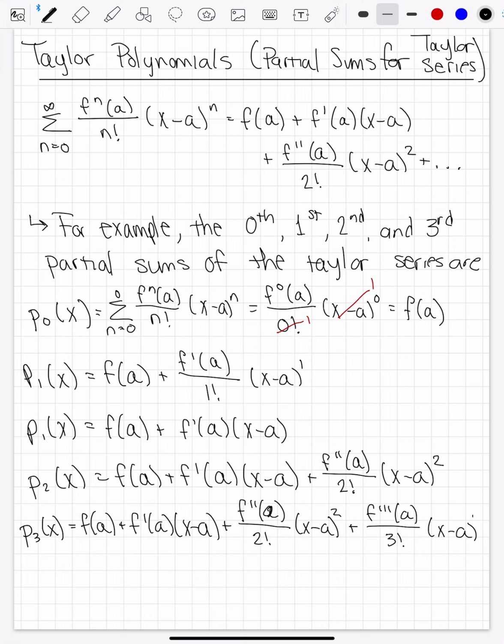So hopefully that's straightforward. This is the 0th Taylor polynomial, the first Taylor polynomial, the second Taylor polynomial, and this last one is called the third Taylor polynomial.